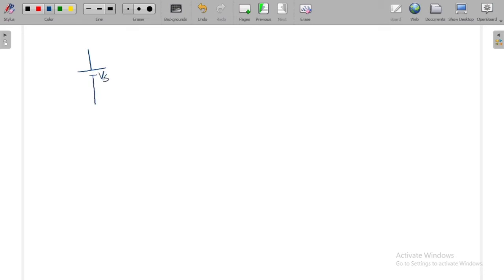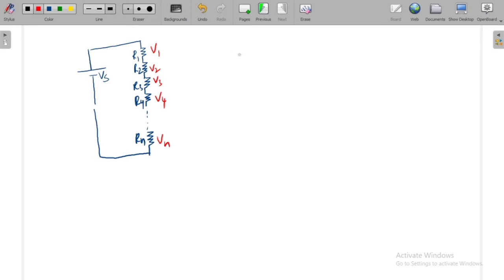So I am redrawing the circuit, I am drawing the circuit again, but I am considering that there are n number of resistors connected in series to the voltage source Vs, right? So this is R1, R2, R3, R4 and so on, Rn, and the voltages across them are V1, V2, V3, V4 and so on, Vn.